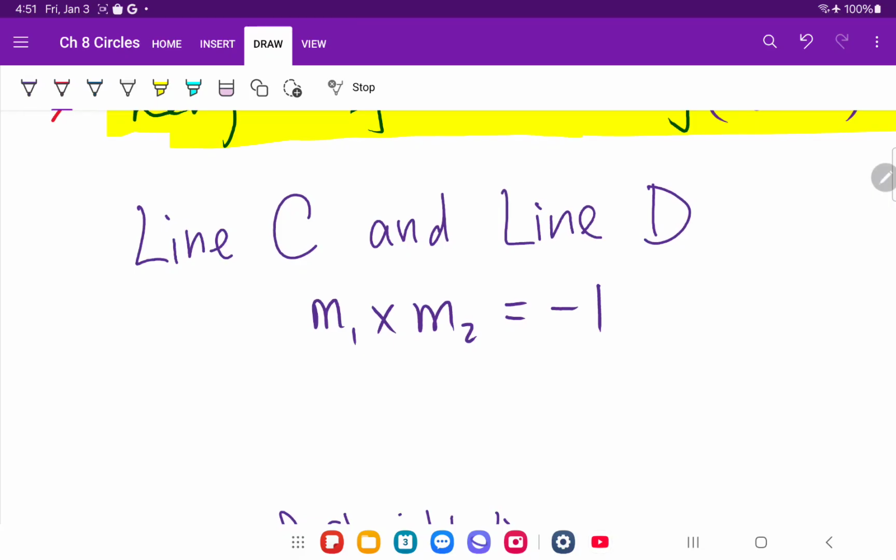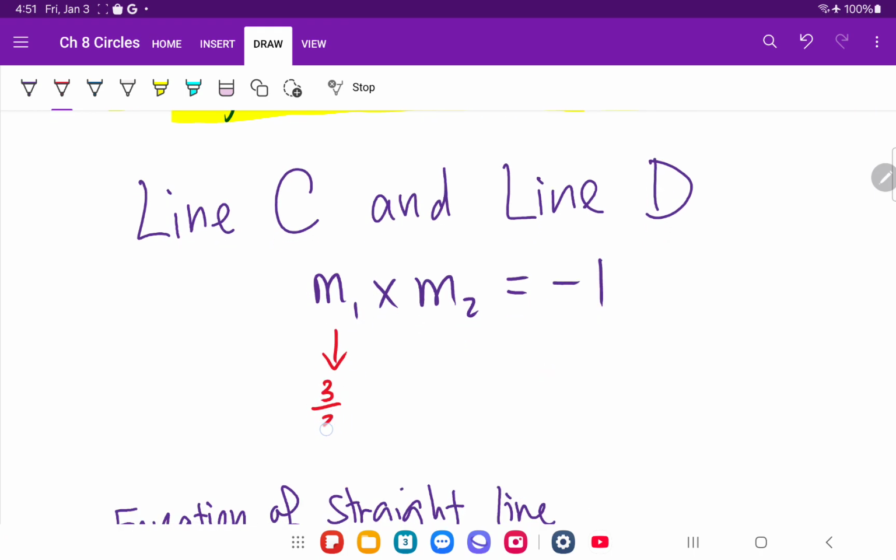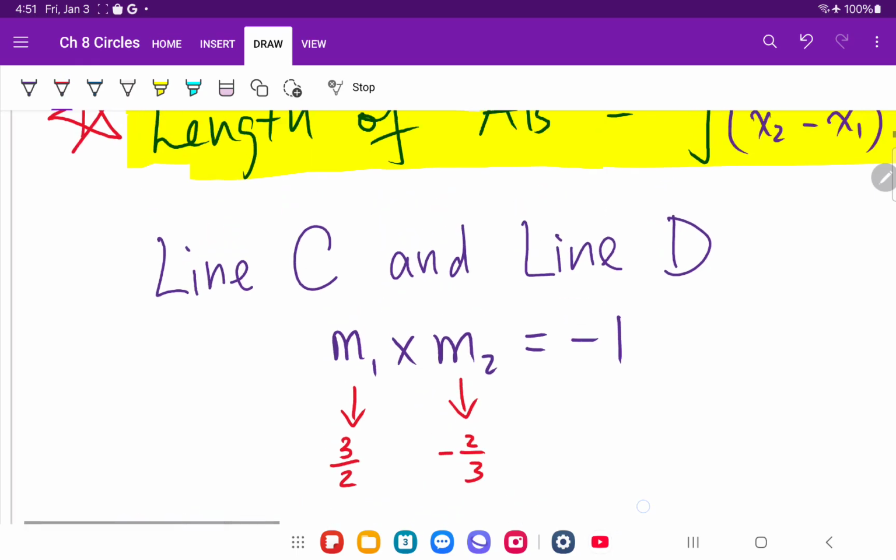At the same point, I also want to help you to recall some simple calculations. For example, if m1 is 3 over 2, what is m2 that will give a negative 1 when you multiply them? At the back of your mind, when you do the mental sum, you should know that m2 has gradient negative 2/3.